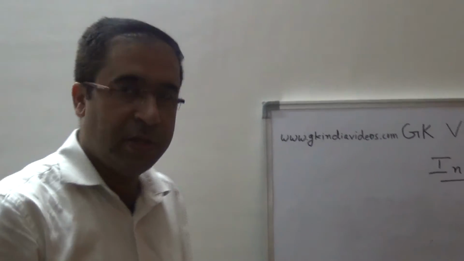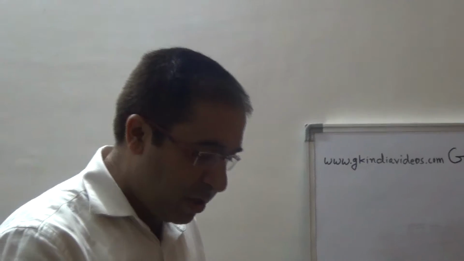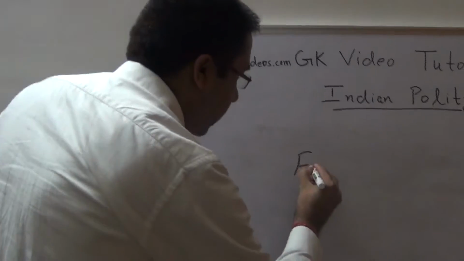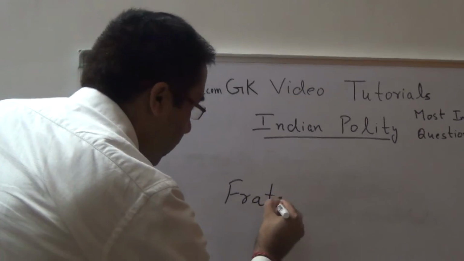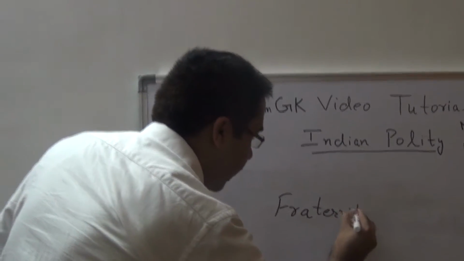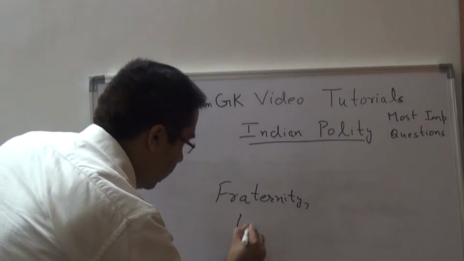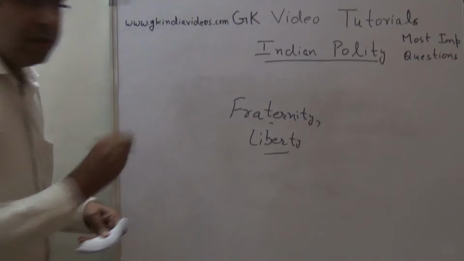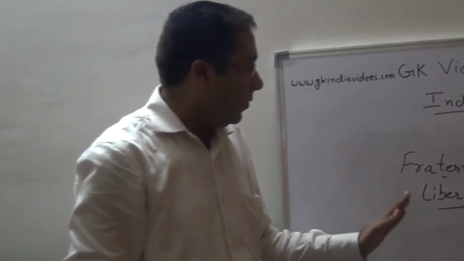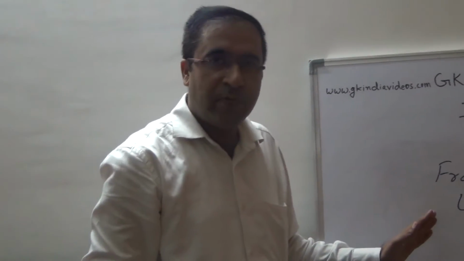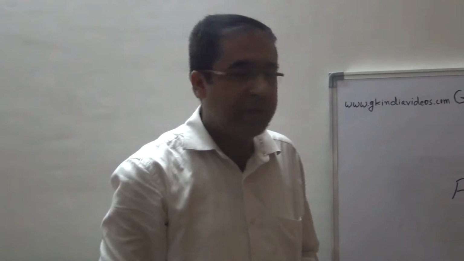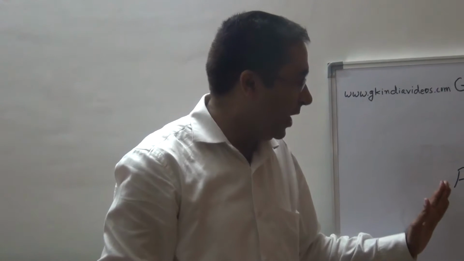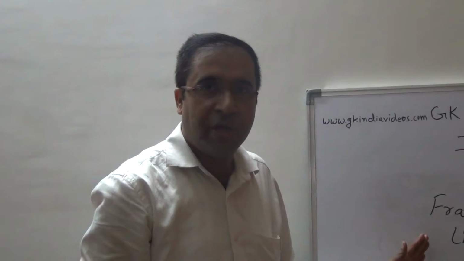Our next question is, there are 2 words, fraternity and liberty, in the Preamble. The question is, from which constitution or from which nation of the world were these ideas incorporated by the Indian Constituent Assembly into the Indian Constitution?